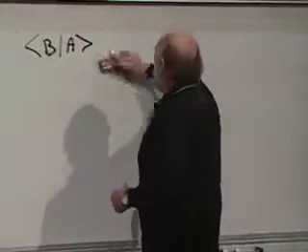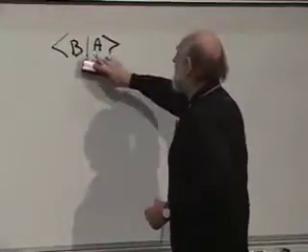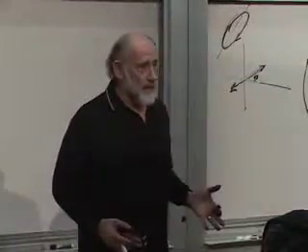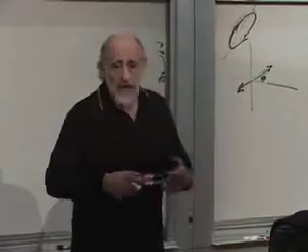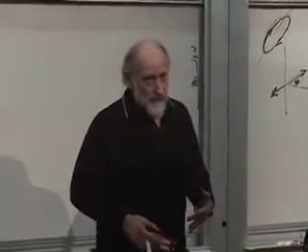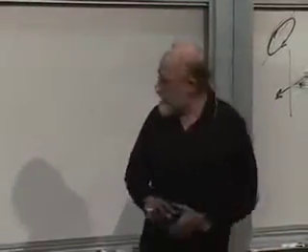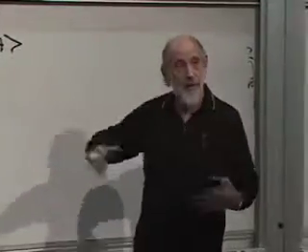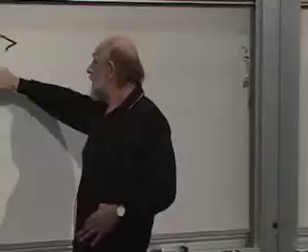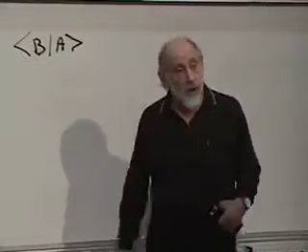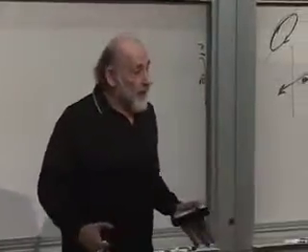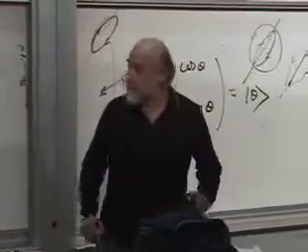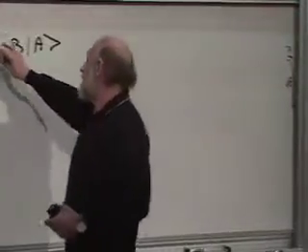So the important relationship between states is the inner product. If it's 0, they're different. If it's 1, they're the same. Remember that they are normalized states. The only way that the inner product can be 1 is if they're the same. Or the inner product can be 0, in which case they're orthogonal, or it can be anything in between. This is the basic relationship between states, the inner product between them.